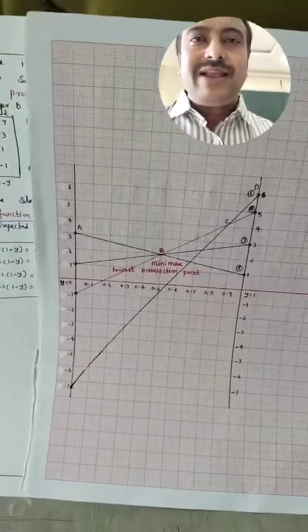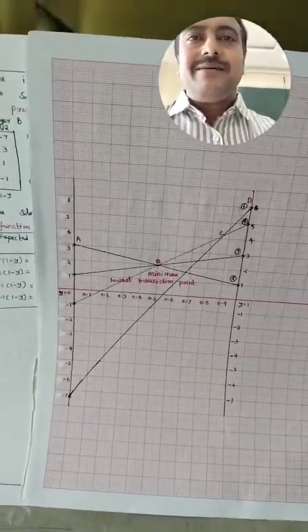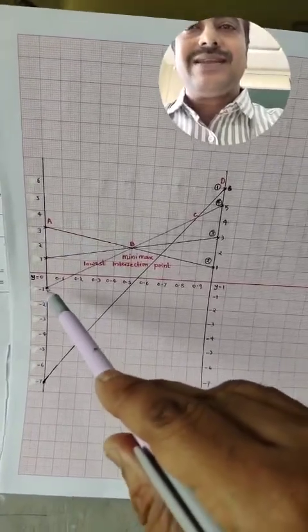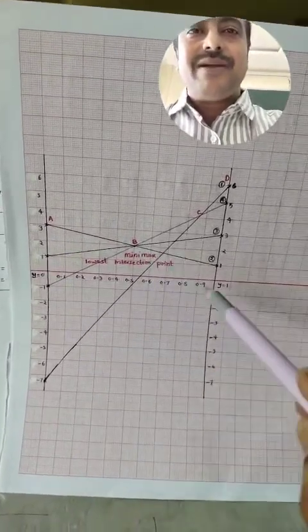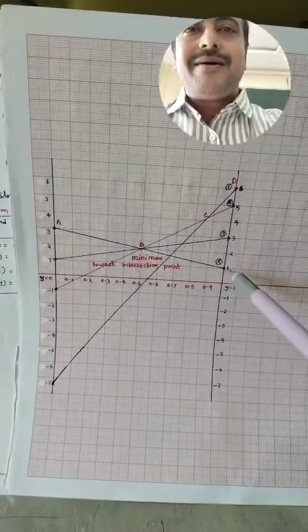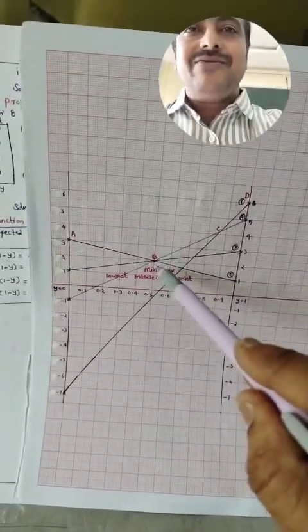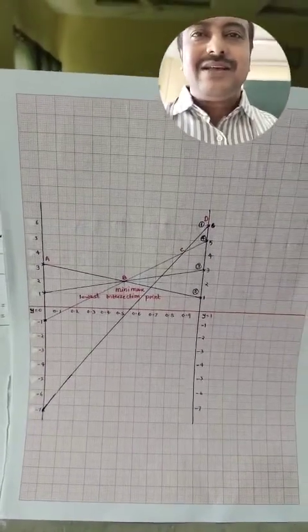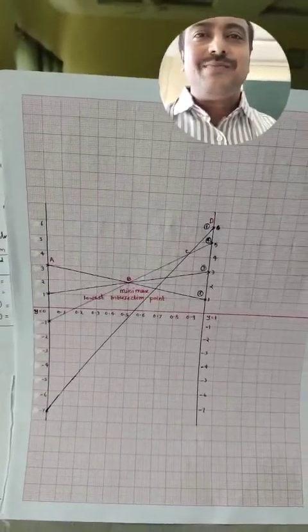Now we will take the maximum of all the minimums. Here the minimums of the intersection are these 3 points. In this, the value is intersecting at B, means that is the lowest intersecting point.